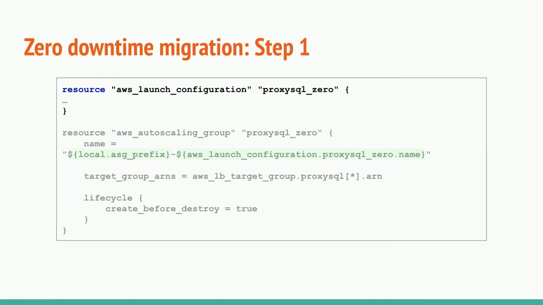So first of all, we need to configure these zero downtime migrations in Terraform. If you just update the launch configuration, it doesn't impact the autoscaling group. It will not change the autoscaling group. Eventually, yes, instances will be replaced, but you don't have control over that.